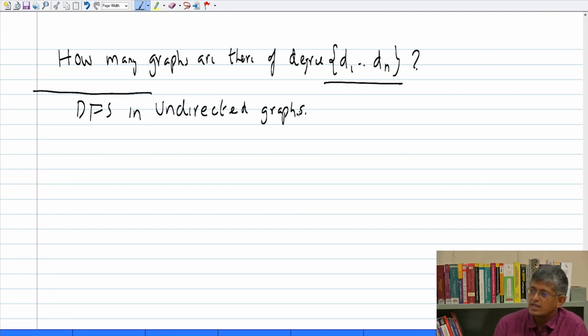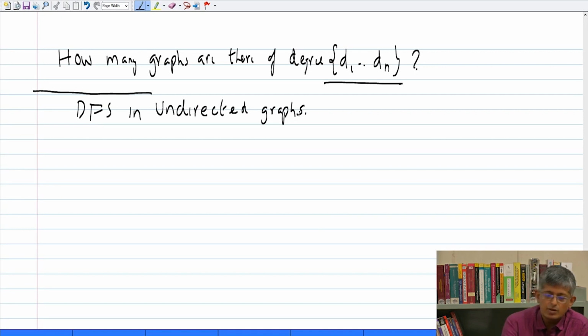I am going to introduce a graph theoretic problem to you which can be solved very efficiently using DFS in directed graphs. I won't show you DFS in directed graphs, but I will show you an inefficient solution for that particular problem.